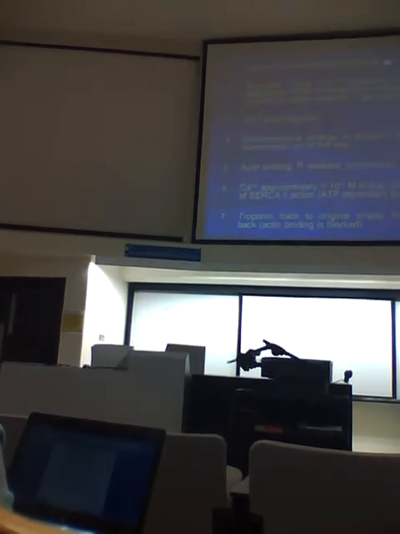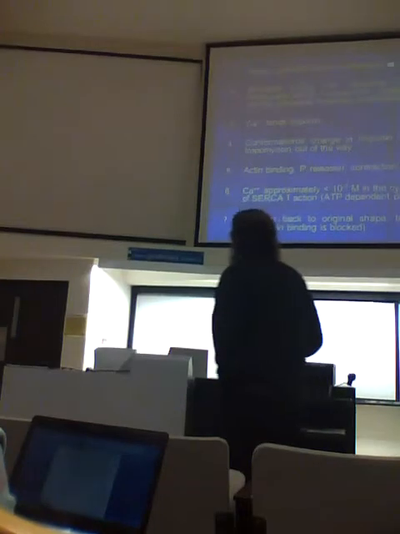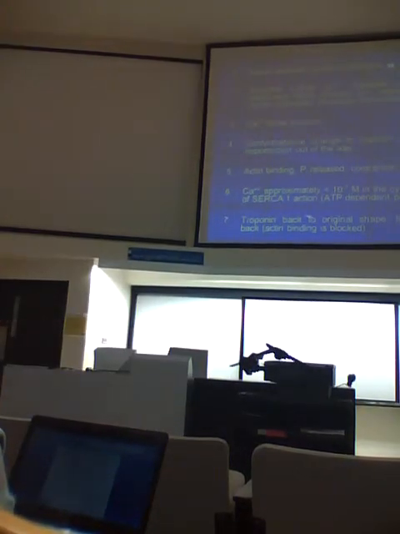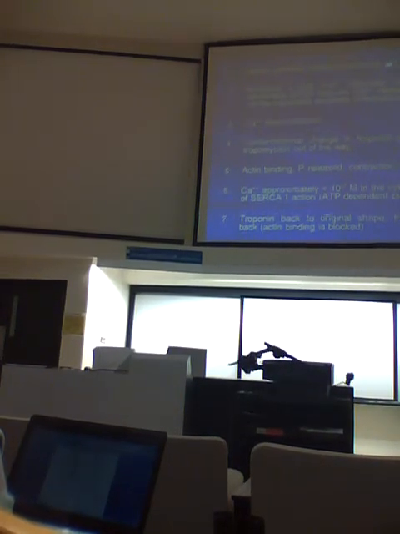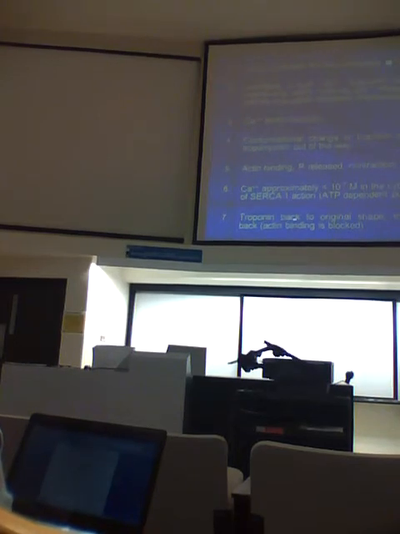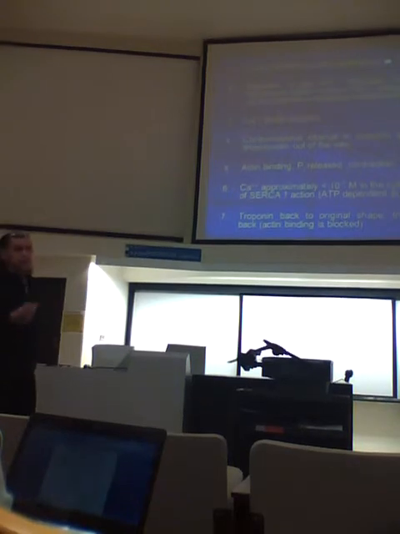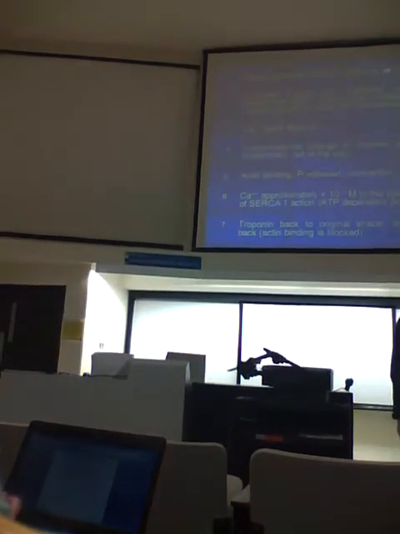They're ATP dependent, and they start to pump calcium out of the myofibrils to be stored back in the SR. Calcium is less than 10 to the minus 7 because of this pump. It's an ATP dependent pump. The troponin component goes back to the original shape, tropomyosin slips back, and you get blocking of actin binding, and you get relaxation. So that's roughly the steps that you would get. So muscle contracts and then relaxes.